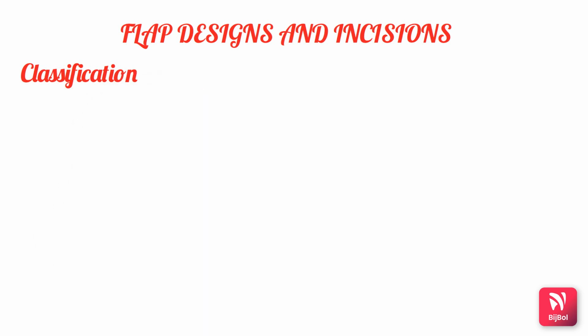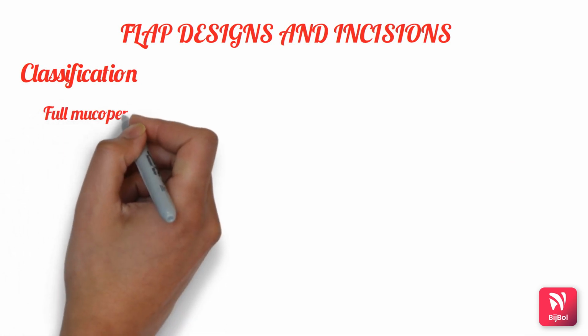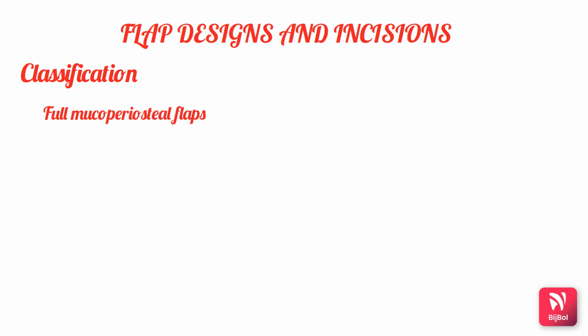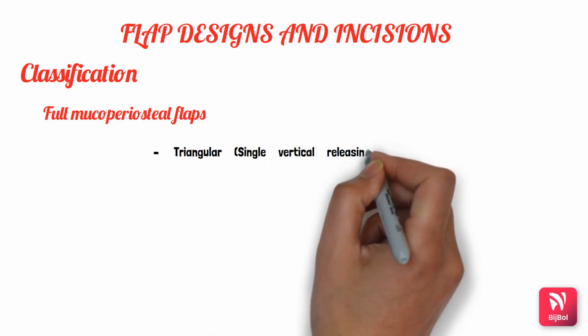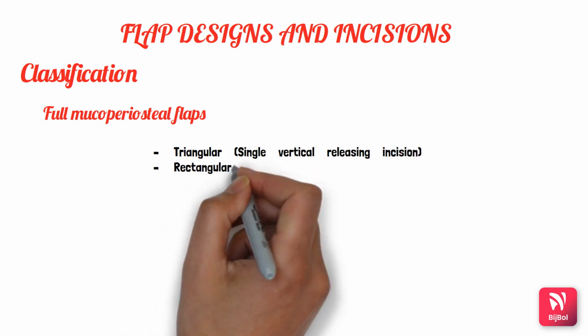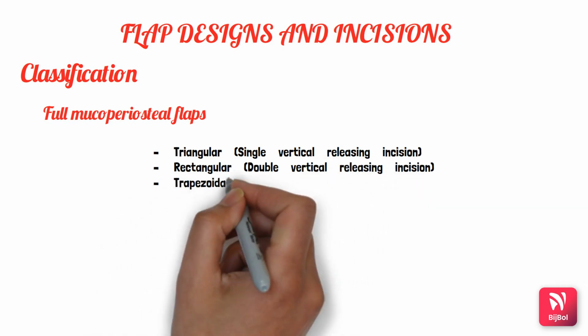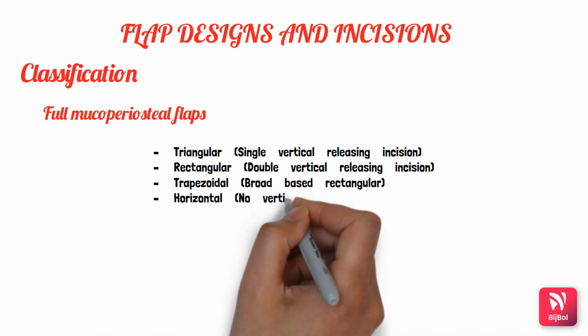Now, the classification related to mucoperiosteal flaps. The full mucoperiosteal flaps include the triangular, a single vertical releasing incision; the rectangular, double vertical releasing incisions; and the trapezoidal, a broad-based rectangular; and the horizontal, with no vertical releasing incisions.